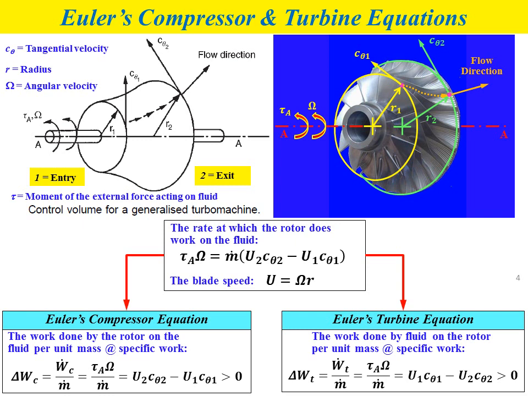Delta WT, T standing for the turbine, equals WT dot divided by m dot, equals tau times omega divided by m dot, equals the velocity component difference, U1 times C theta 1 minus U2 times C theta 2. So the value must be greater than 0. So we have a similar equation if you compare the compressor and the turbine.